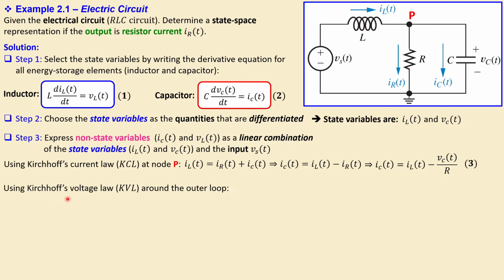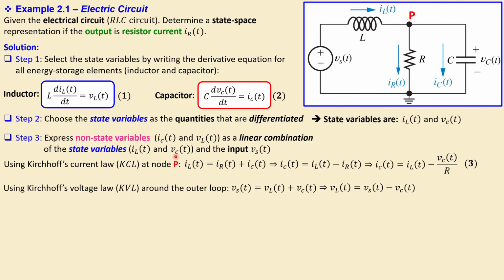Now, using Kirchhoff's voltage law, another law of Kirchhoff, around the outer loop, which is this loop going like that, the complete loop. The voltage Vs that we apply is equal to the voltage across the inductor plus the voltage across the capacitor, or across the resistor, whatever you prefer.